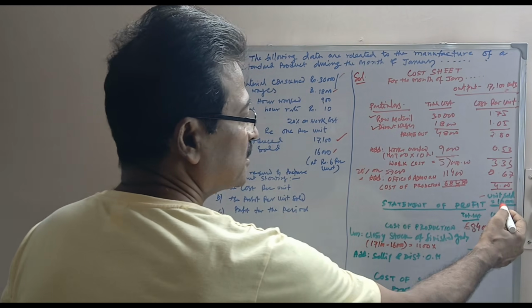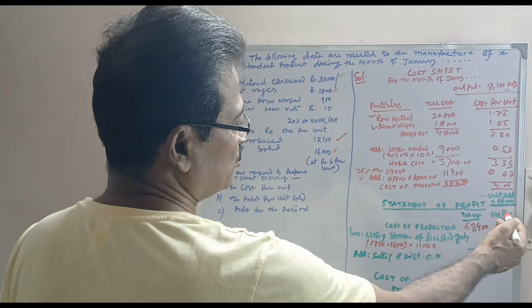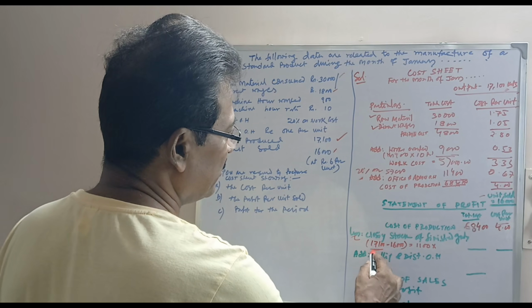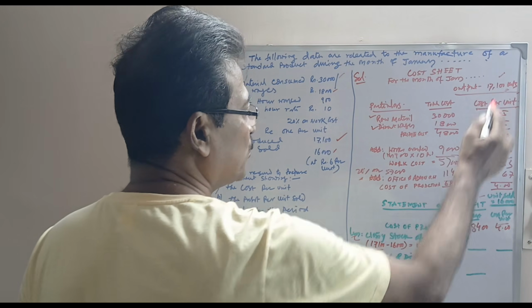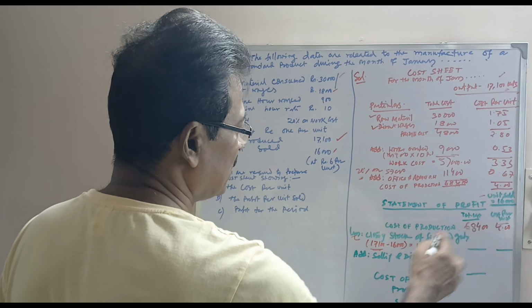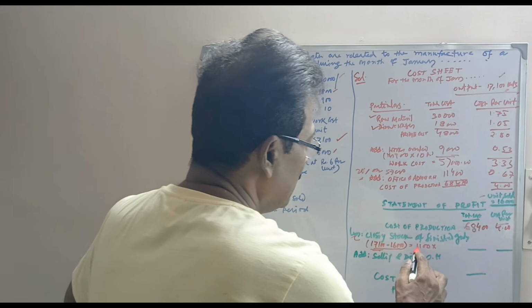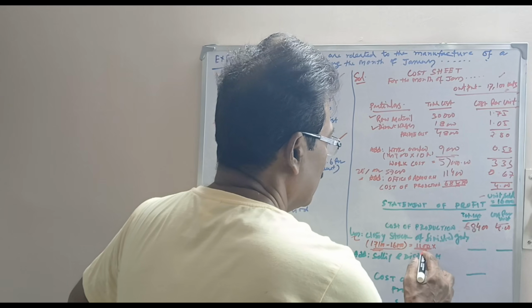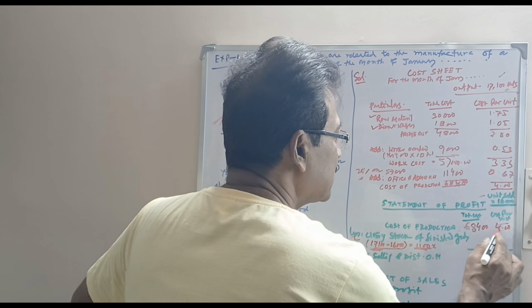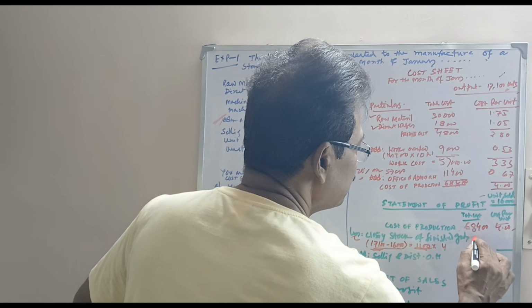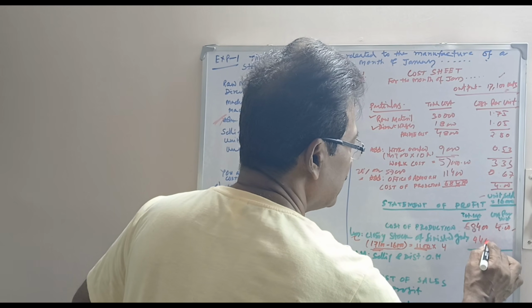Then units sold is 16,000 units. Then there is some closing stock. How much is the closing stock? 17,100 units is the output. Units sold is 16,000. Then the balance, 17,100 minus 16,000, is the quantity in stock. This rate is 4, so this into 4 means 4,400 is the closing stock.